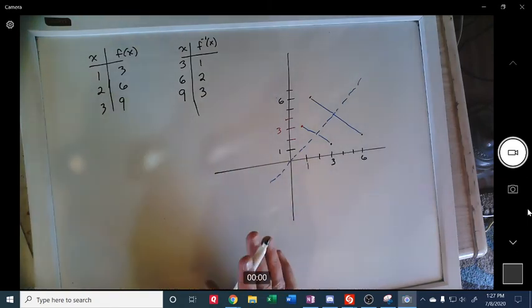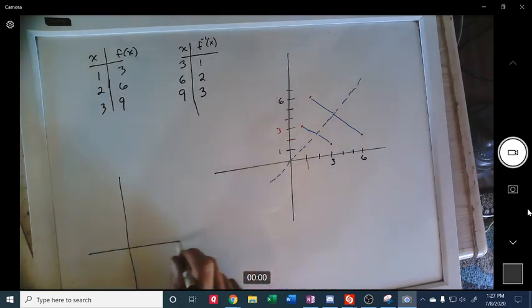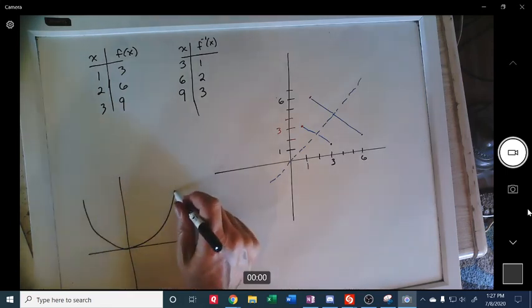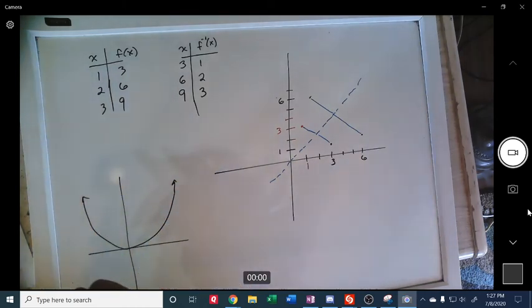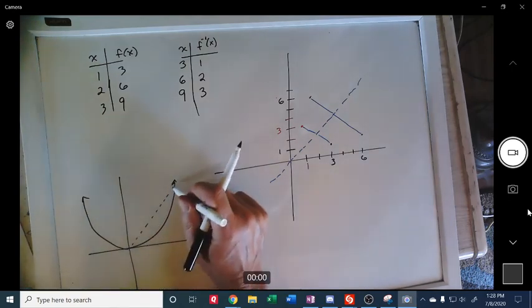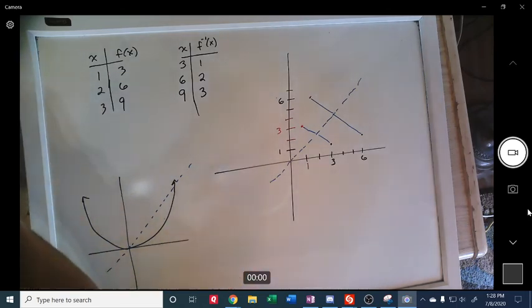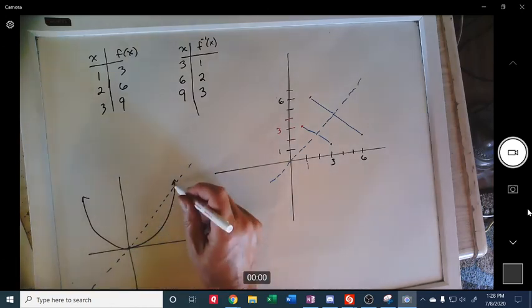So if we had a parabola, y equals x squared, it does not pass the horizontal line test. And if we reflected this parabola across the line y equals x, now to reflect across the line y equals x, points that strike the line y equals x don't move.